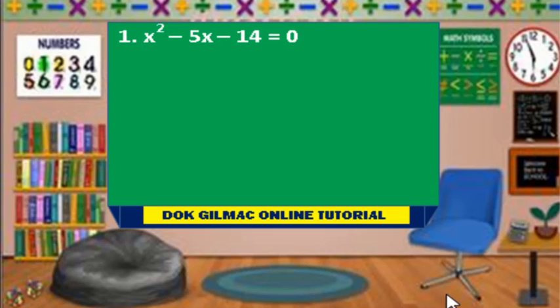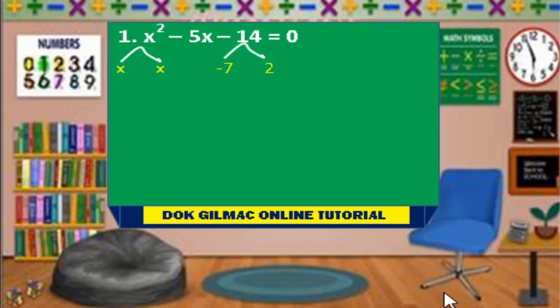Consider example number 1. x squared minus 5x minus 14 is equal to 0. As you can see, this given quadratic equation can be factored. So we have x squared is simply x times x, and negative 14 is simply negative 7 times 2.